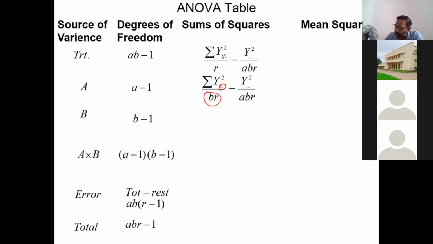Here we add across only the replicates, so we divide by R. Here we add all the components across the replicates as well as factor B, so we divide by BR. Okay.